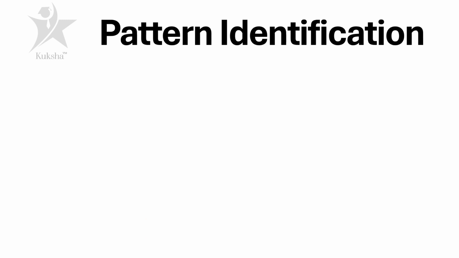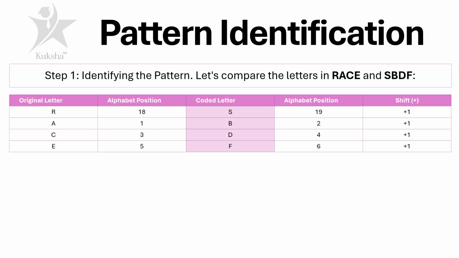Now, let's find out how we came to this answer and problem solve using our technique, which is called pattern identification. Step number 1, we identify the pattern and compare the letters in RACE and SBDF. Each letter is shifted forward by 1 in the alphabet.